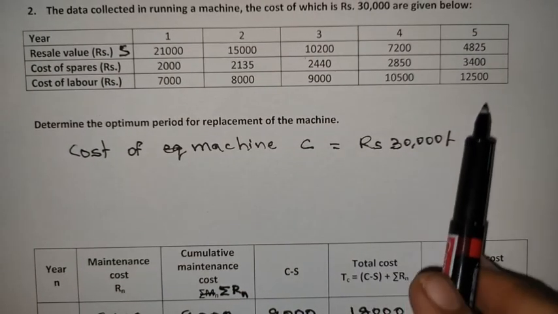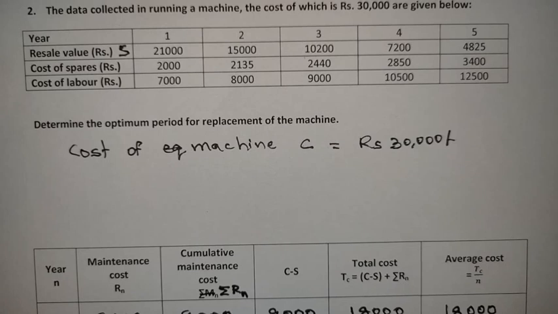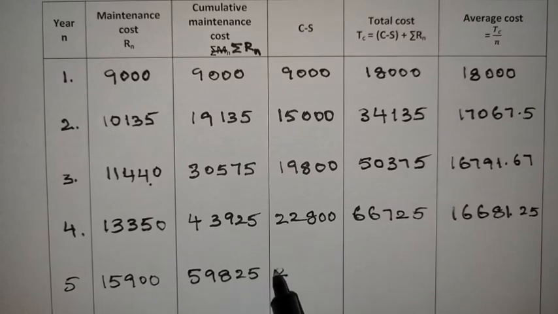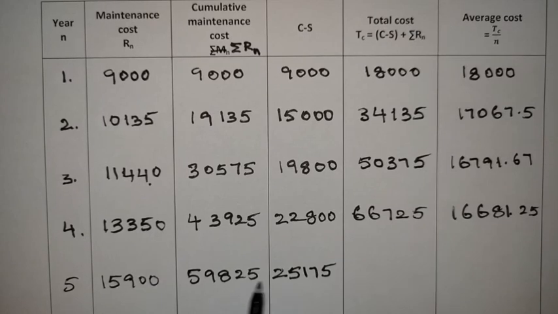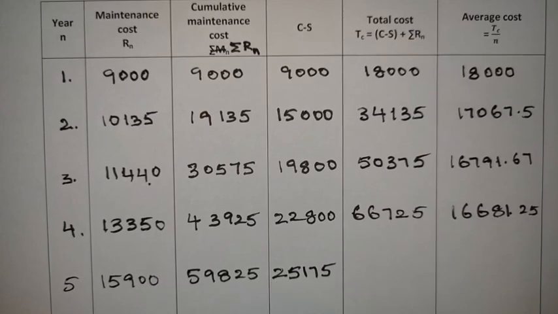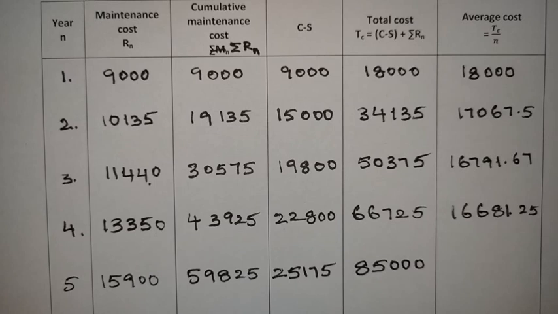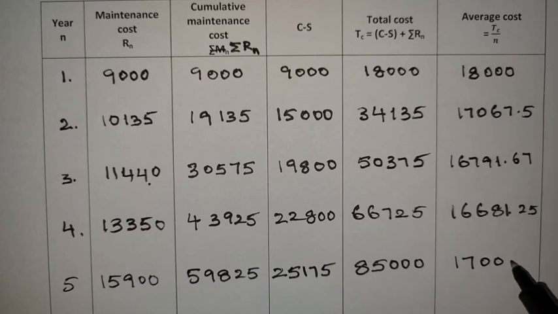C is 30,000, S value is 4,825. If you do that, we will get the C minus S value as 25,175. Then calculate the total cost. Add these two values. Then we will get 85,000. So 85,000 by n, that is 5. Then we will get the average cost, that is 17,000 rupees.